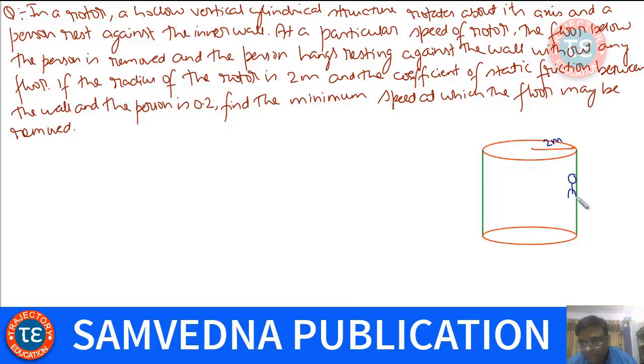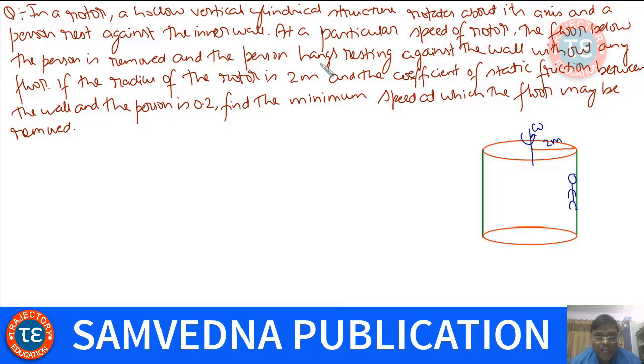And say you have the person over here, resting against the inner wall, and you have started rotating. You started rotating with say omega. Suppose omega is the angular velocity.